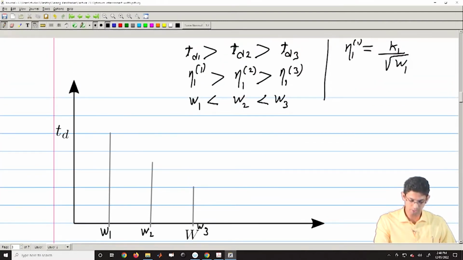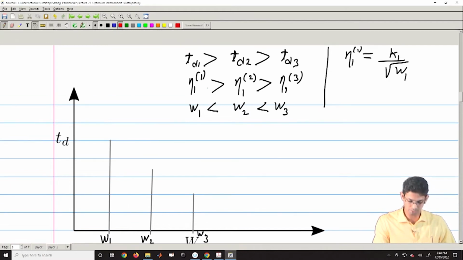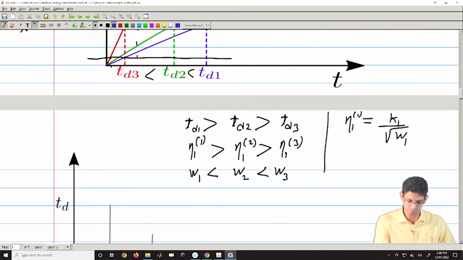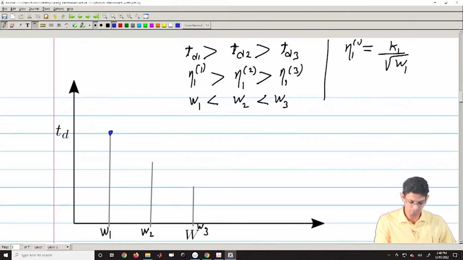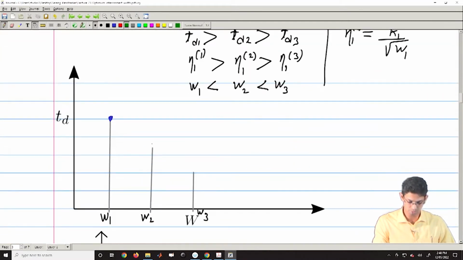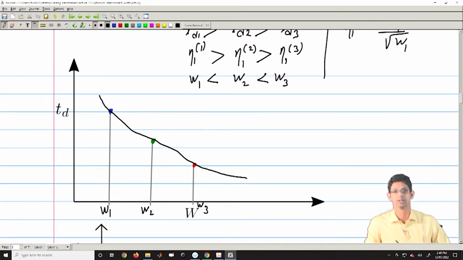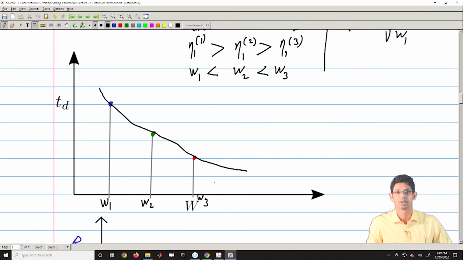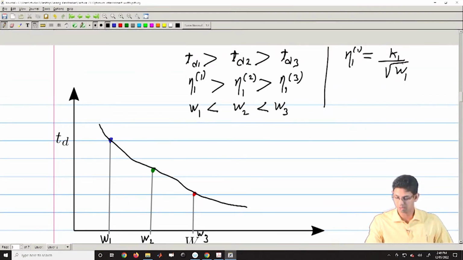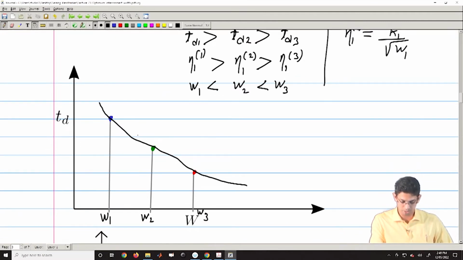My TD1 would be greater, right. So, my TD1, which is in blue here, would be like this, then my TD2 would be somewhere here and then TD3 would be somewhere here. So, my delay would be decreasing with my width, right. So, basically your TD. This will not be a linear or direct dependence like this. This graph is only qualitative.